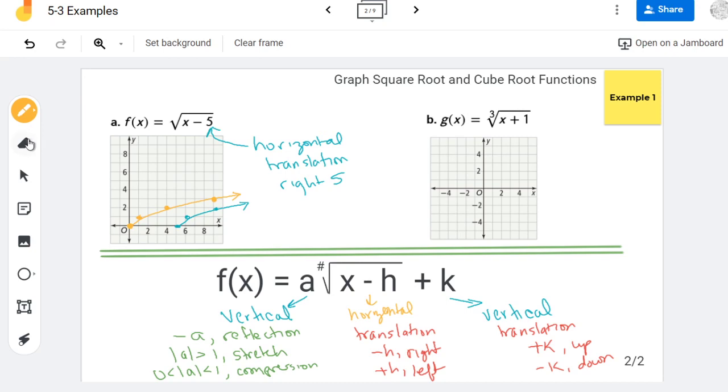Alright, now let's talk about b. b is a cube root function. You guys heard me talk about the Orion's belt, so I'm going to go ahead and draw it in there. I refer to that as the Orion's belt because the points are all one unit away from each other. Cube roots grow very quickly, right? 0 cubed is 0, 1 cubed is 1, 2 cubed is 8, and 3 cubed is 27.